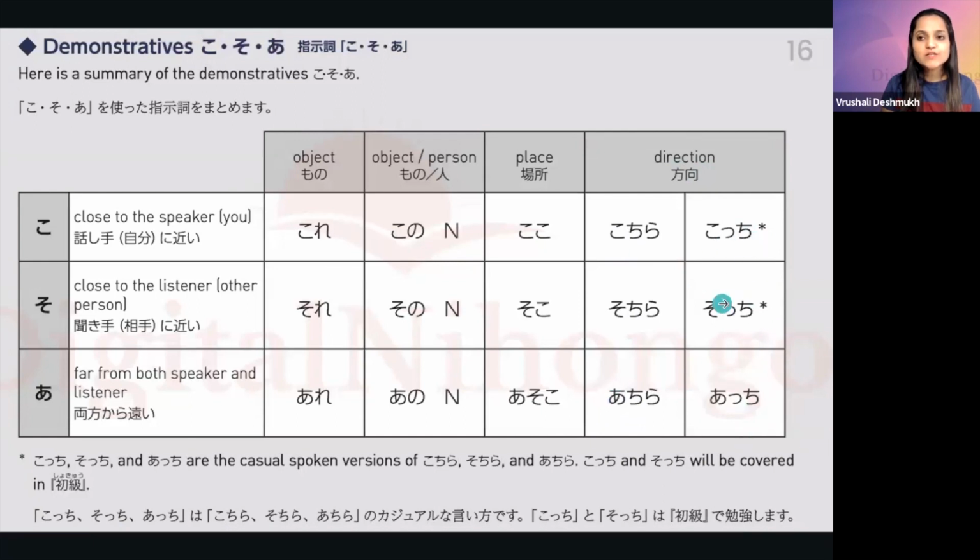So kochi, sochi and achi are the casual words equivalent to kochira, sochira and achira. In dialogues and conversations, mostly you will hear these words, kochi, sochi, achi, when it's an informal discussion.